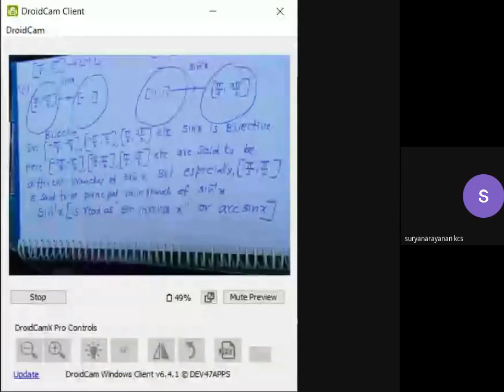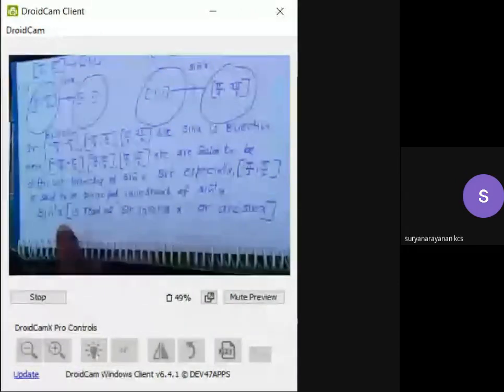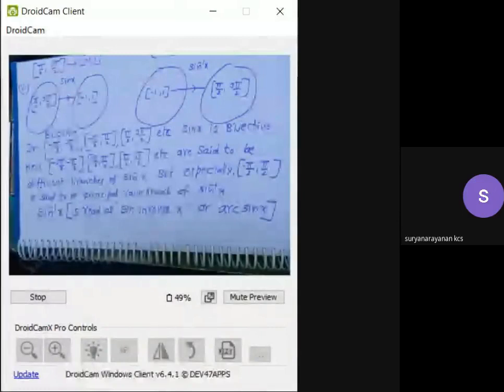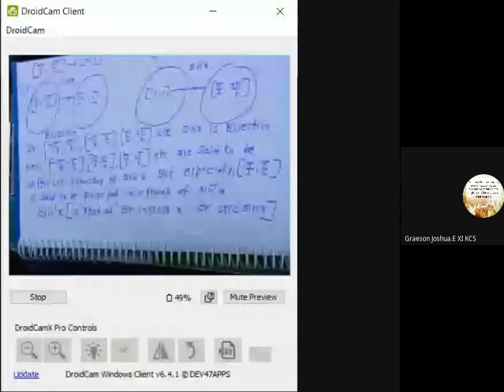Which is said to be the principal value branch of sine inverse x? Sir, minus π/2, comma π/2, sir. Very good.